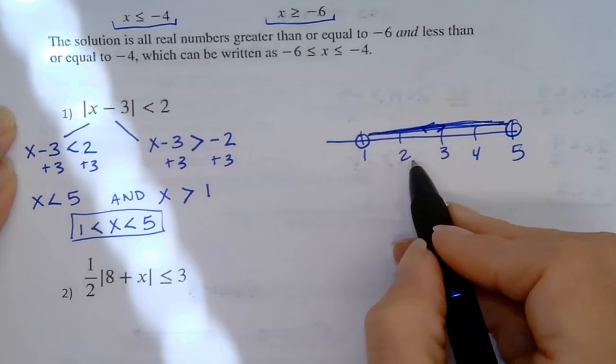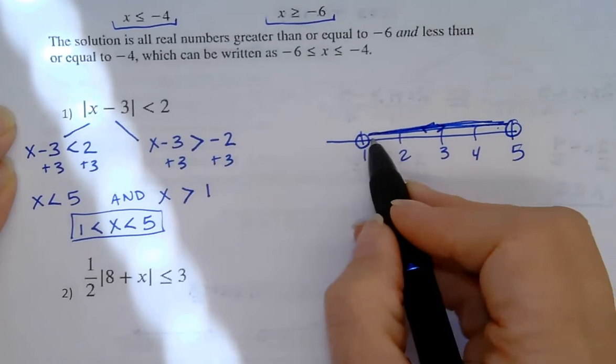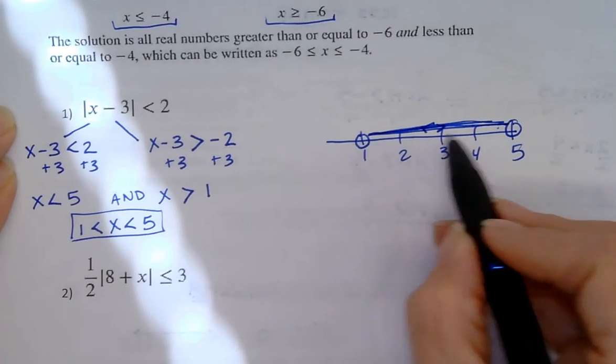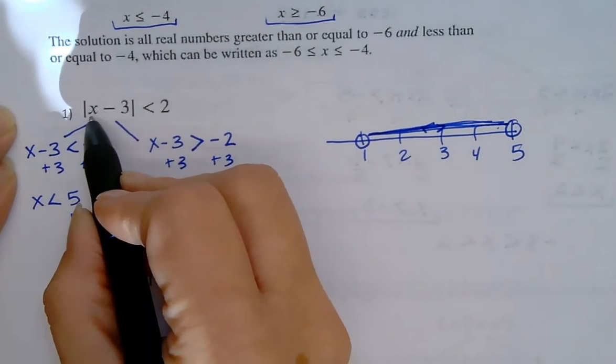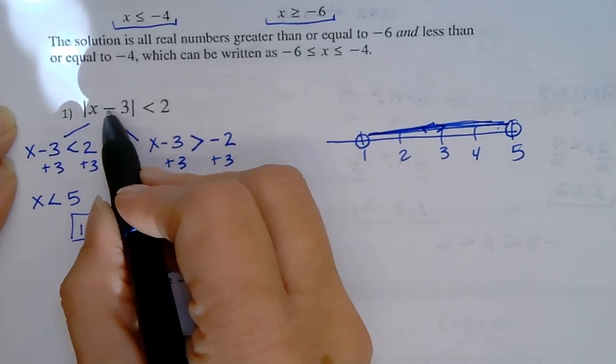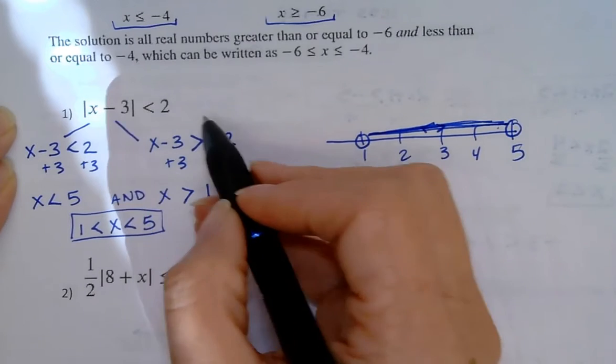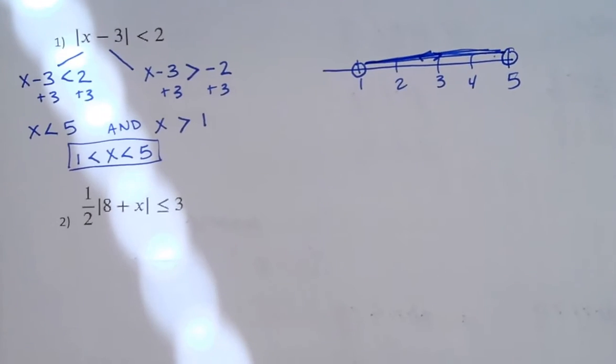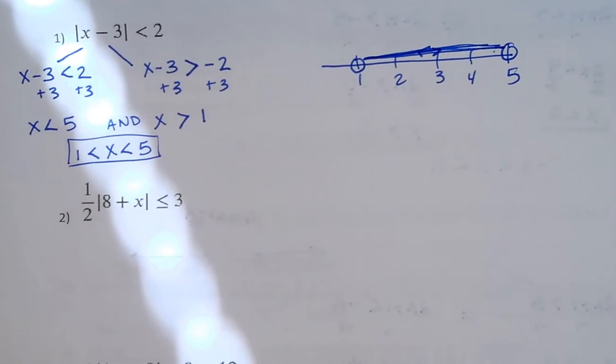As long as my x value falls somewhere on that solid line, it means it is a true possible value. So I could choose 4, because that's on my line here, and plug it in. 4 minus 3 is 1, and the absolute value of 1 is 1, and 1 is less than 2, so that works.